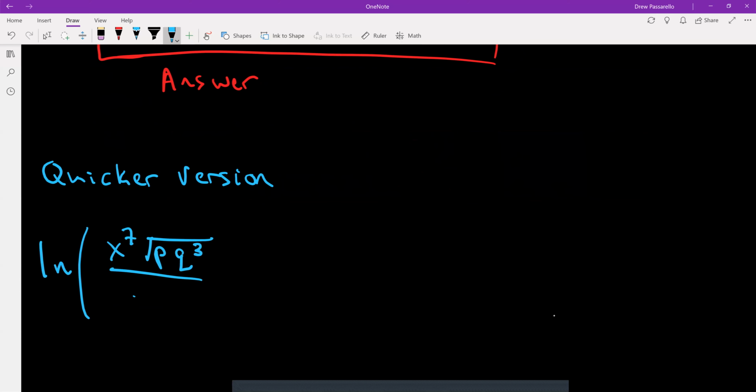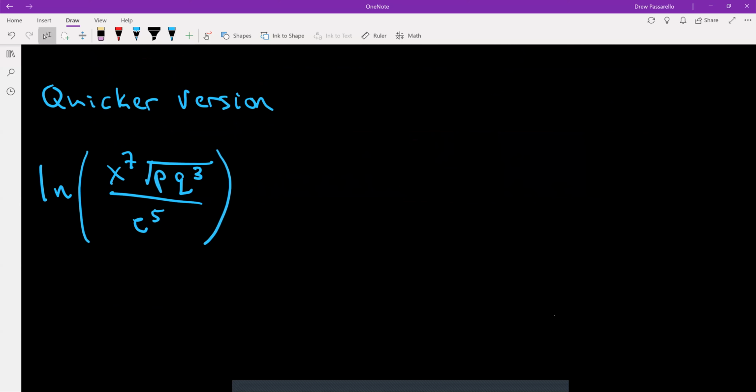So I can do multiple steps in one. Again, first thing I did was I separated this into two logarithms because of the division sign. It changes it to a subtraction. No, I'm sorry, I'm getting ahead of myself here.